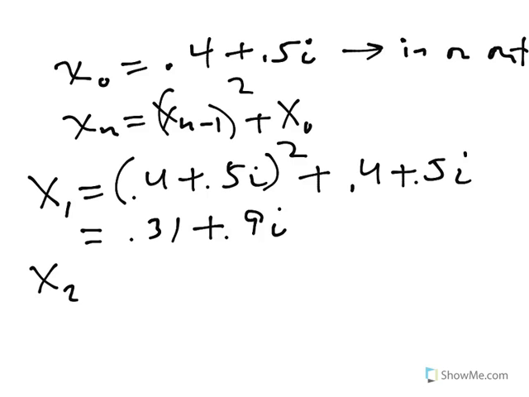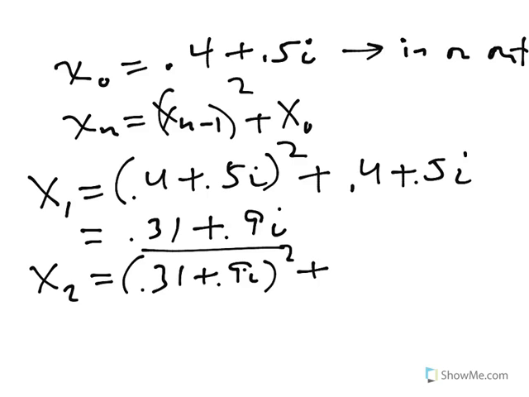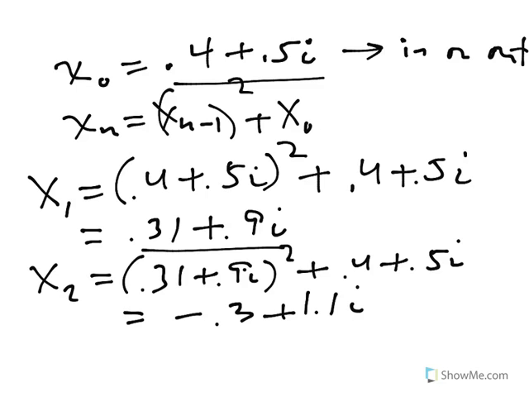And then if you ran that through the formula again by doing 0.31 plus 0.9i squared plus, not this thing, but the original thing, 0.4 plus 0.5i, that would turn into about negative 0.3 plus 1.1i. And if you kept on going, eventually when you got to number 6, it would be negative 1.8 plus 2i.